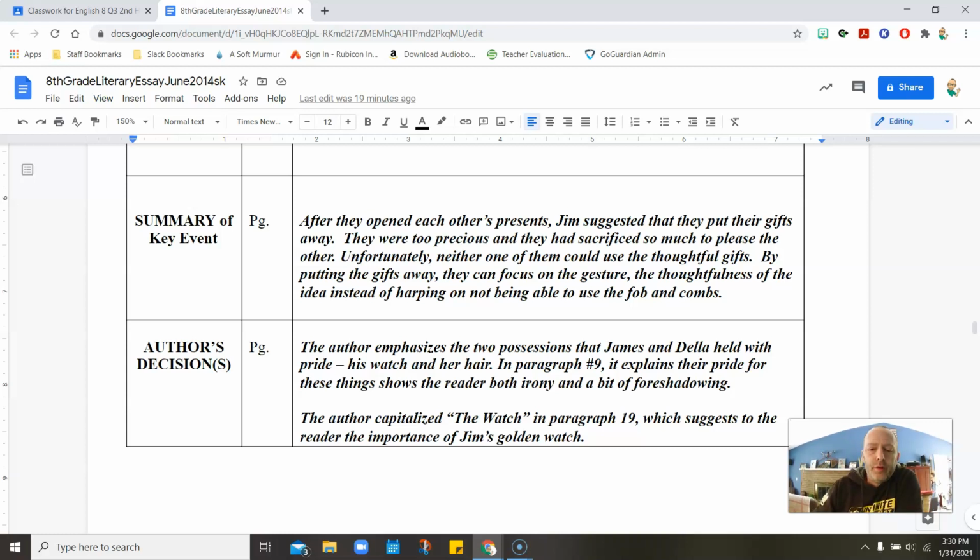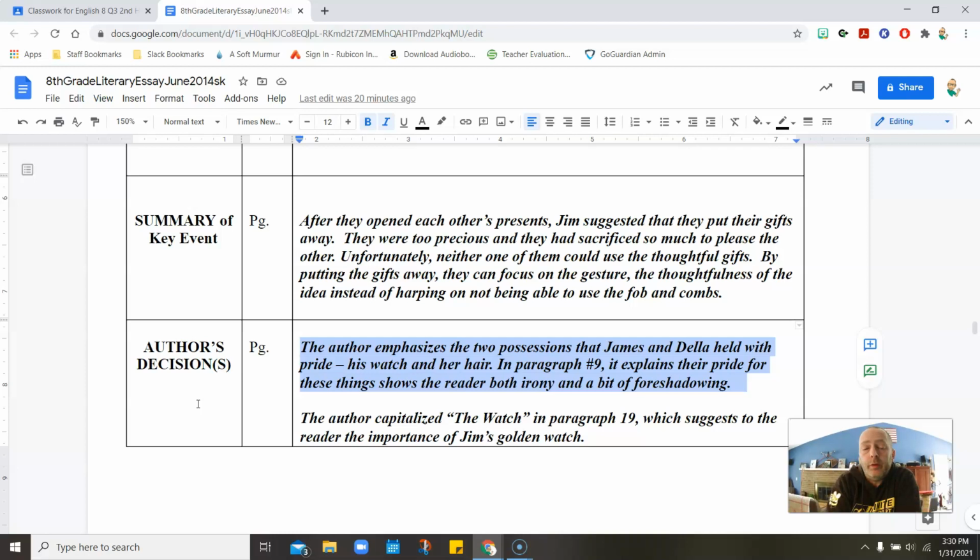So some of the author's decisions that I added here as well. The author emphasizes the two possessions that Jim and Della held with pride, his watch and her hair. In paragraph 9, it explains their pride for these things, which shows the reader both irony and a bit of foreshadowing. So the fact that the author is saying these things are their most valuable possessions is giving you a hint at what might happen in the story.